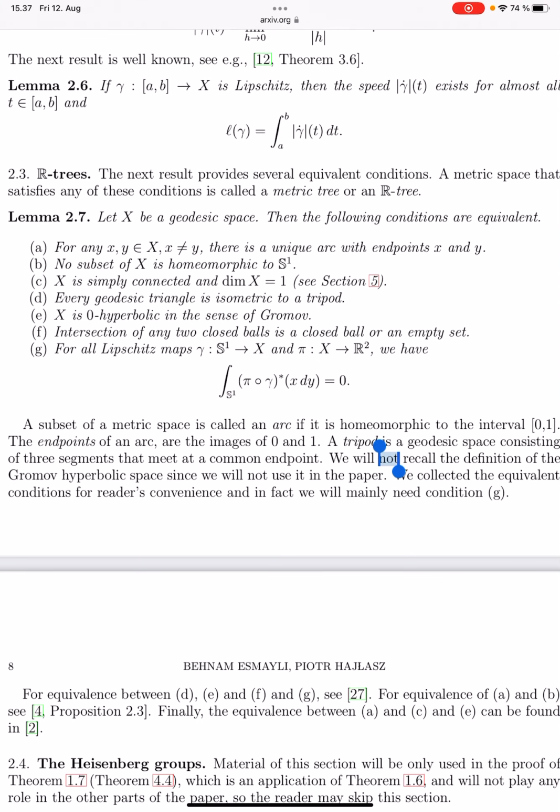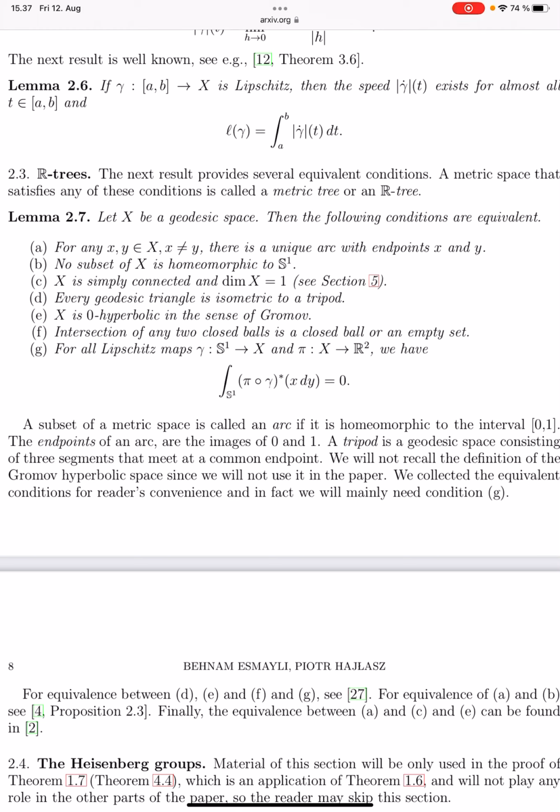X is simply connected. You can move every loop into one point. And the topological dimension of X is 1, so this is a more complicated thing. Every geodesic triangle is isometric to a tripod.